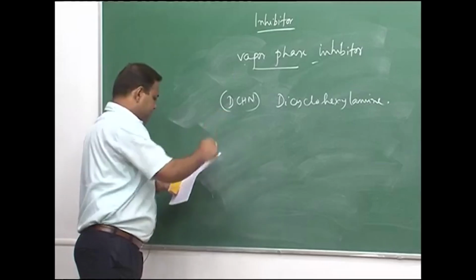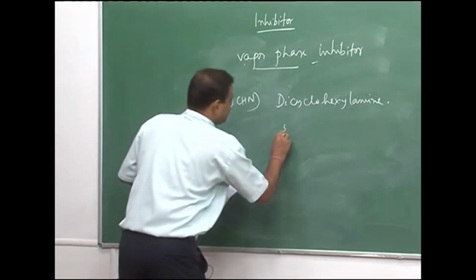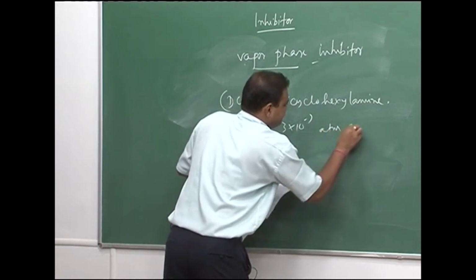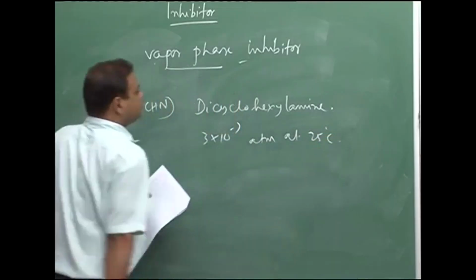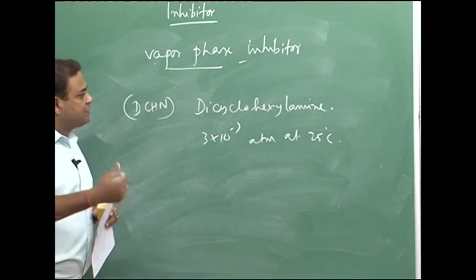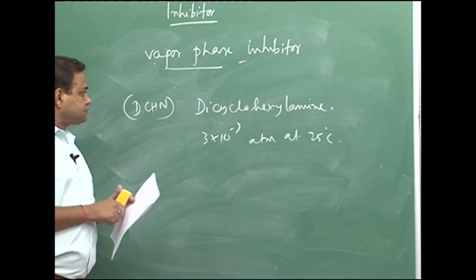For example, the vapor pressure is 3.3 times 10 to the minus 7 atmosphere at 25 degrees Celsius. So they vaporize and form a thin layer on the metal surface and prevent corrosion.